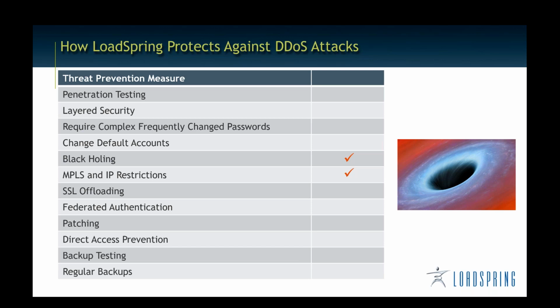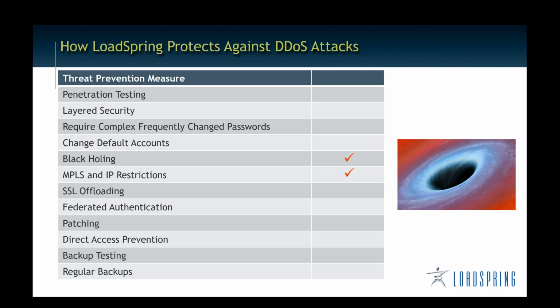The other way that we protect against this, again, is with the MPLS in particular. The MPLS being a dedicated network, it is not impacted by the internet attacks that would go against the primary websites. And so in the events where we have seen denial of service attacks taking place, customers who had MPLS networks were completely unaffected and remained online throughout the duration of those attacks.